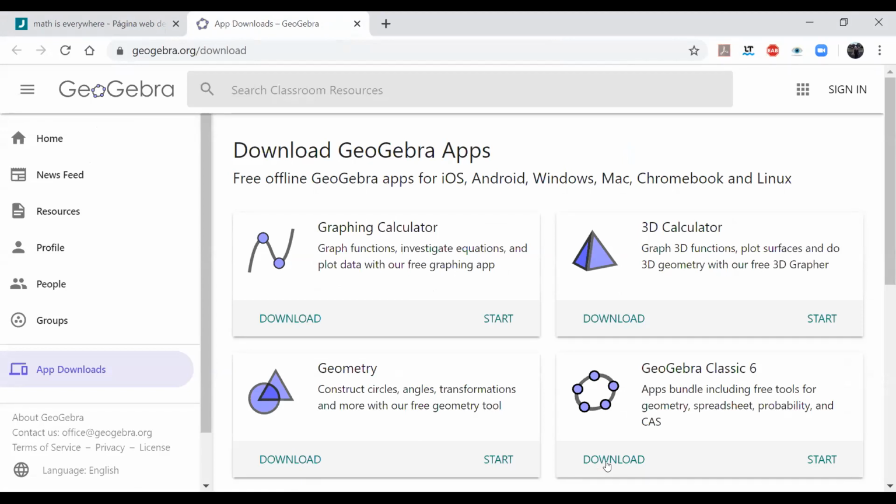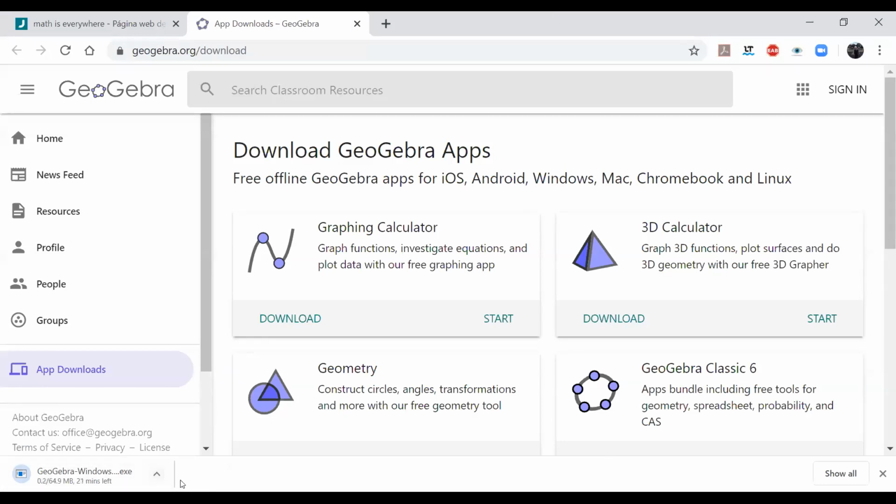Now you can download the app here. I recommend you download the app. I am not going to download it because I already have it, but the only thing I have to do is click on it, and look what happens. It starts in the bottom left part of my screen. I can see GeoGebra Windows, 52 minutes are left, but because I already have it, I am not going to download it on my computer.